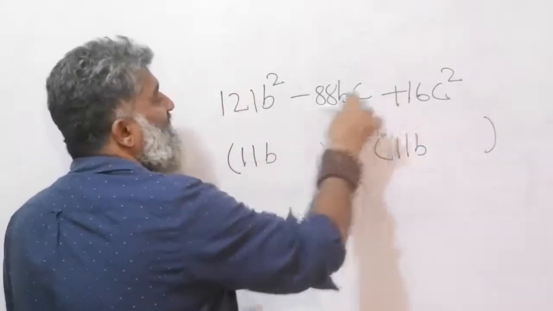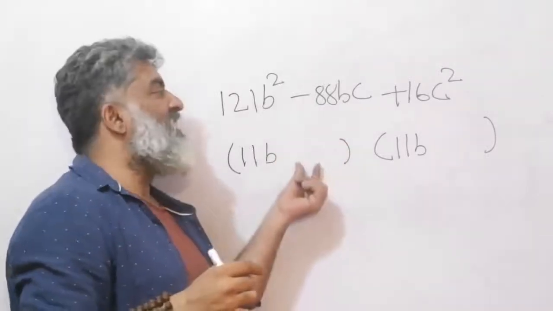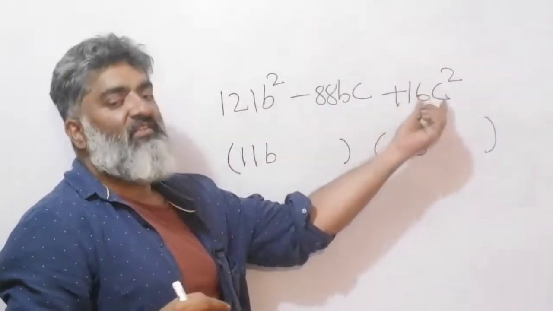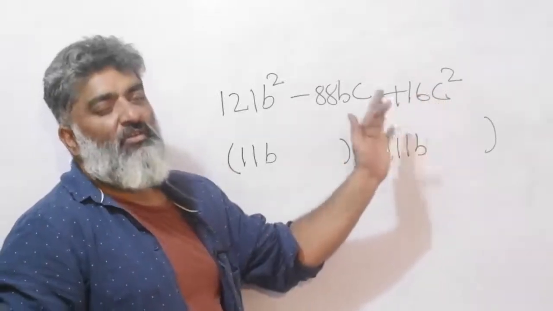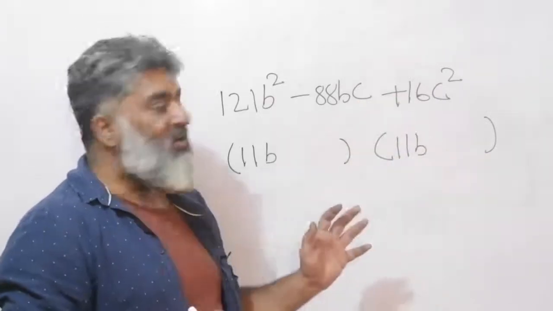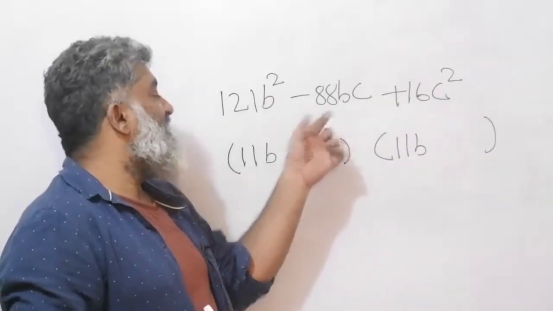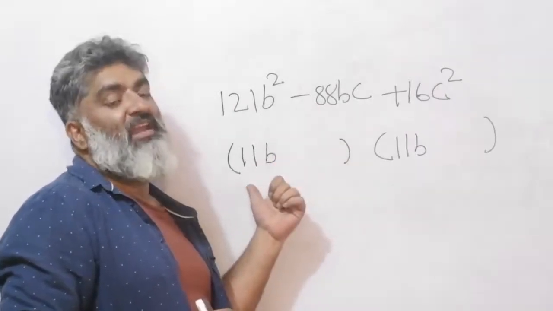There is a plus here and a minus here. That means both the terms are negative, because a negative and a negative will give you a positive definitely. This is 16c square, so it is going to be 4 into 4, 1 into 16, 2 into 8, something like that, right? And this is 88, but I know this 88 is after getting multiplied by 11.